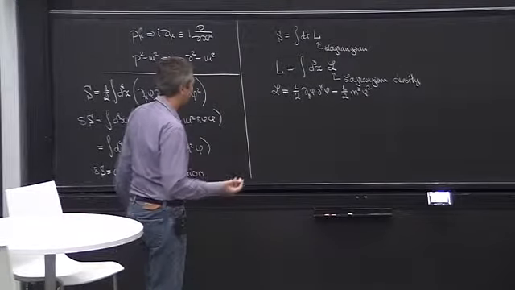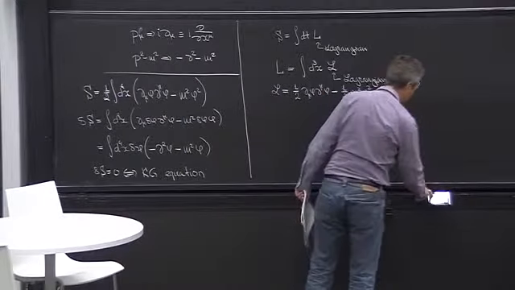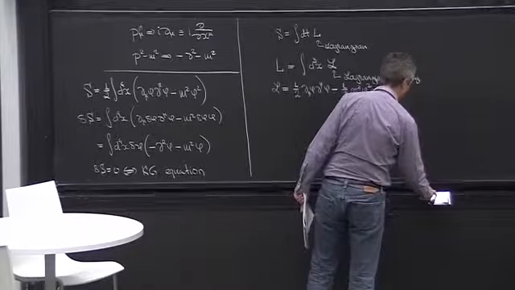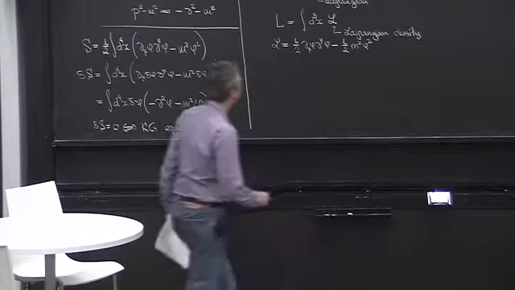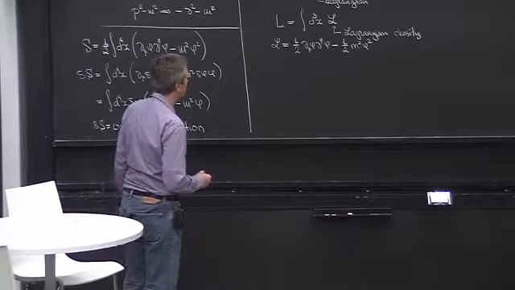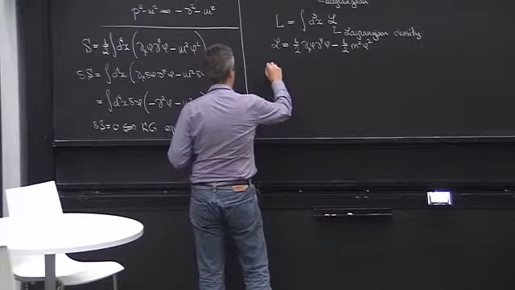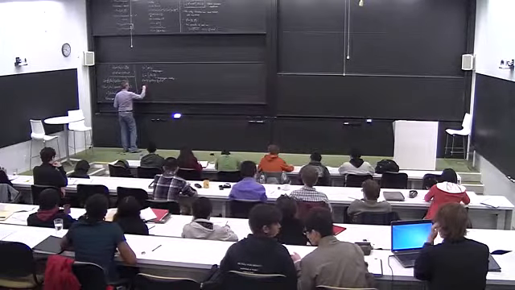But just to proceed along the standard textbook procedure, we will need to give up Lorentz covariance for a moment. So then we should separate space and time derivatives.